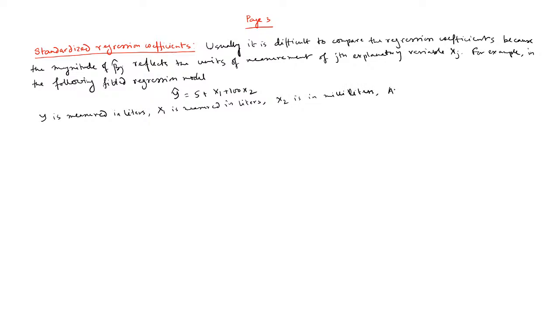Although beta 2 hat is very much larger than beta 1 hat, because beta 2 hat is 100 and beta 1 hat is 1, the effect of both explanatory variables is identical.